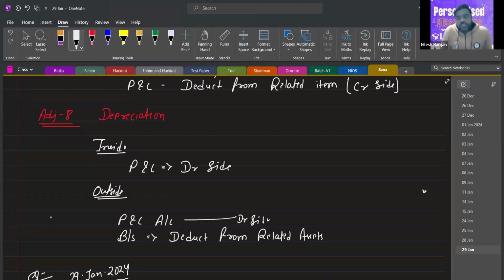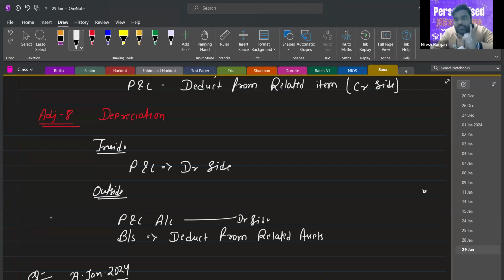We are not certain that we will receive it or not. There is some chance that we will receive it, and some chance that we will not receive it. That's why it is called doubtful debts. Now, bad debt is a loss because we know that it will not be received. But doubtful debt is not an actual loss yet, because we are not confirmed.